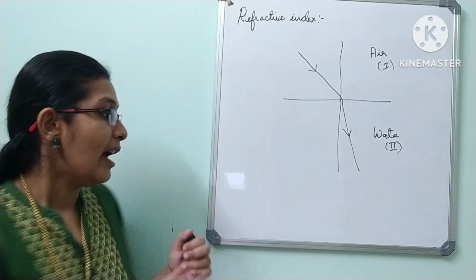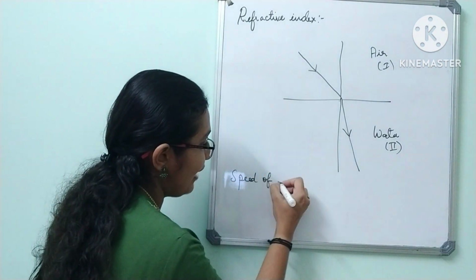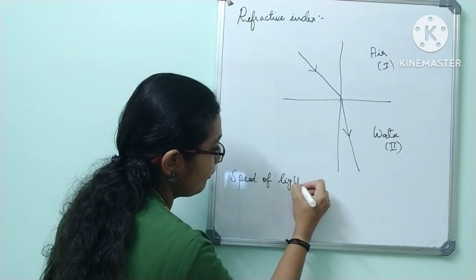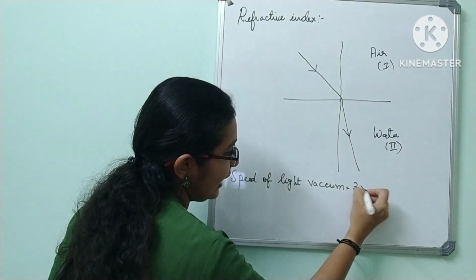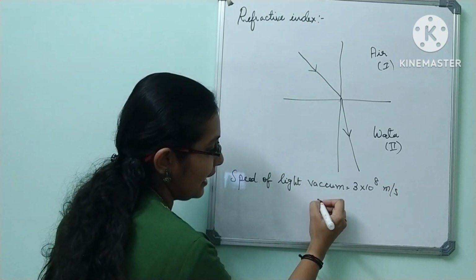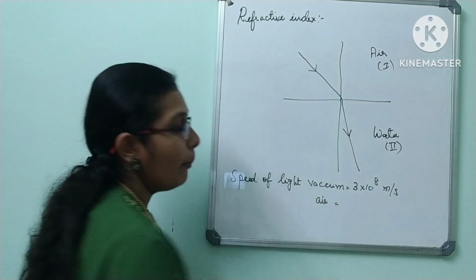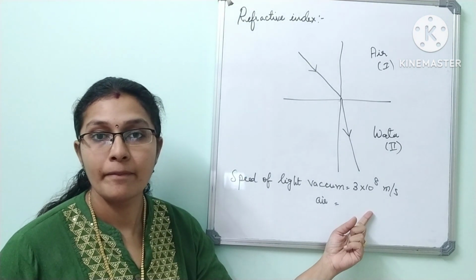As we know, the speed of light in vacuum is 3 into 10 power 8 meter per second, whereas the speed of light in air is actually 0.003 lesser than this.